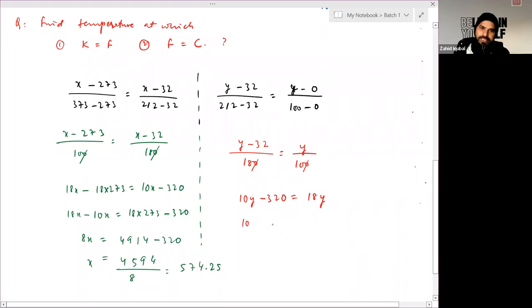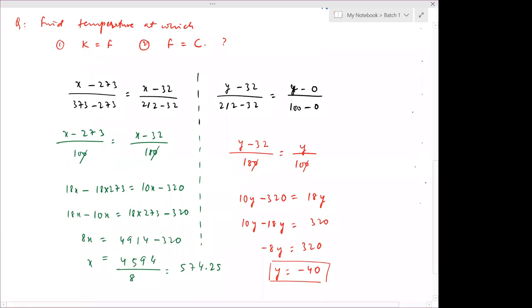So 10y minus 18y equals 320, minus 8y equals 320, y equals minus 40. Is it clear? Yes, sir.